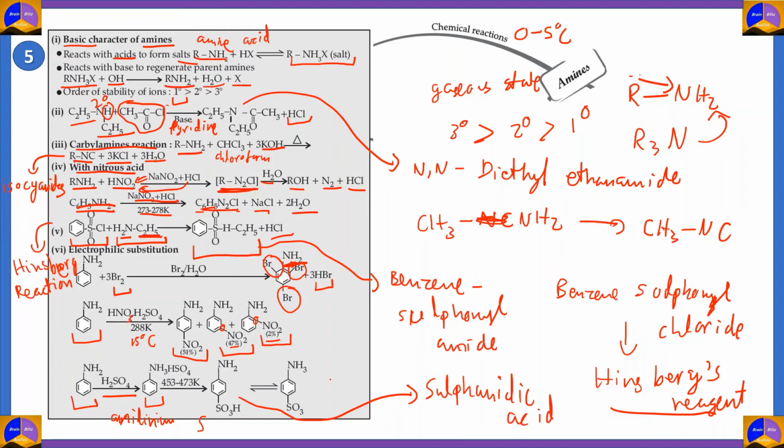And so it is the product of sulfonation reaction, which is an electrophilic substitution reaction. And on further reactions, we get a benzene molecule with an NH3 plus end and an SO3 minus end. So this is a special ion known as Zwitter ion. So it basically can react with both acids and bases.